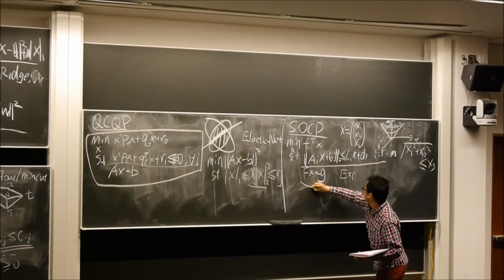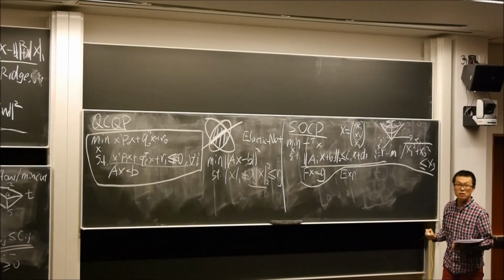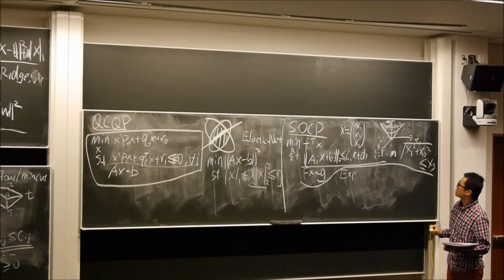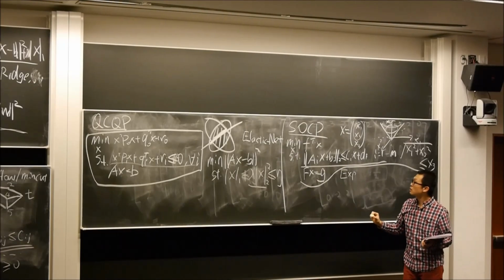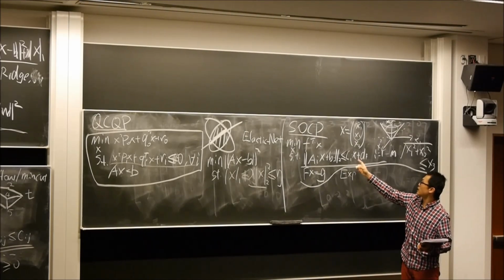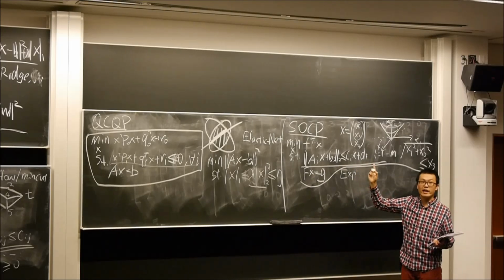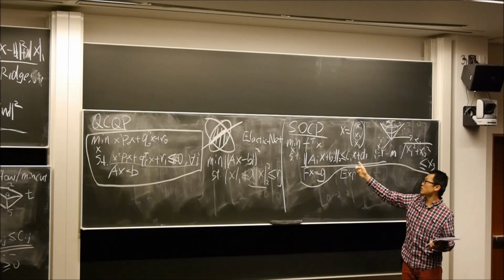So the left-hand side of the constraint is a norm, and the right-hand side is C_i x plus d_i. You always choose a single one in this SOCP formulation. C_i x plus d_i is on the right-hand side. This is not a norm.